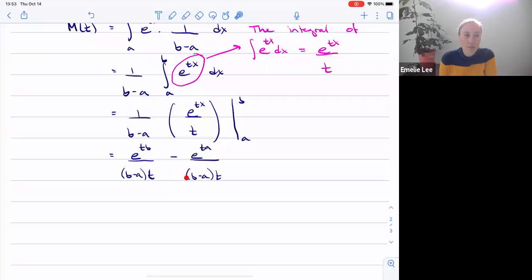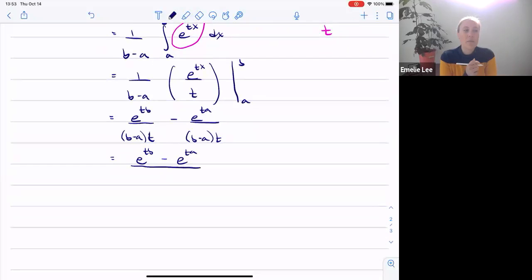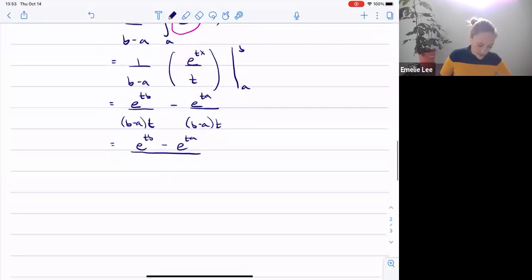Here I have a common denominator, so I'm allowed to subtract these two fractions and put them over that common denominator. So this is going to end up looking like e to the tb minus e to the ta. And it might be nice to write bt and at instead, but it doesn't matter. Over b minus a times t.